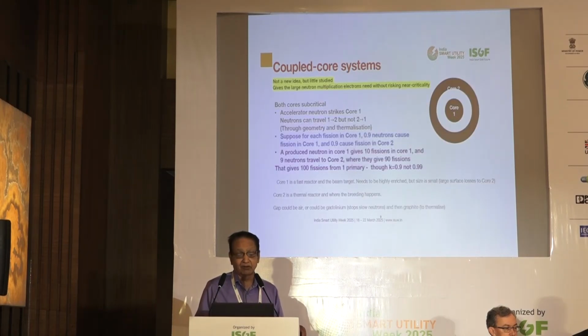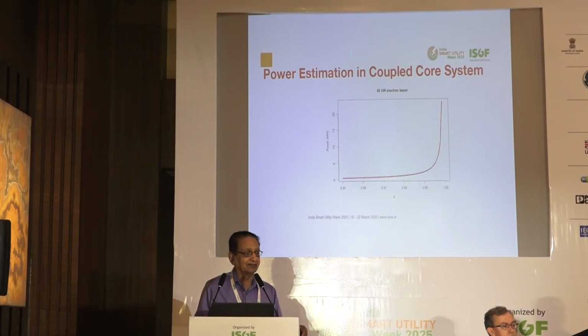Whereas in a coupled core reactor, where we can use two cores, the first core is a fast kind of reactor, where one neutron can be producing one neutron, and the remaining can go in the second core, and they produce 10 neutrons. So a gain of 100 can be generated in this.